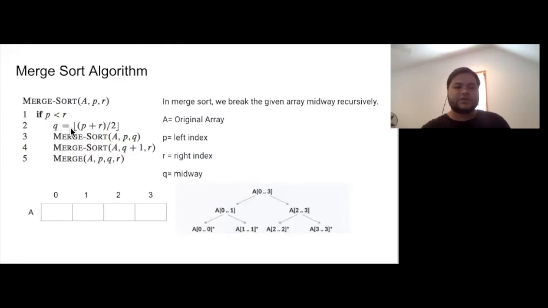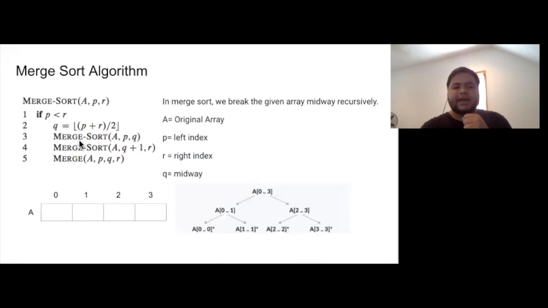So we used the floor function here. You will see why. After getting the midway, we call the merge sort function recursively, and one of them is with the original array, the left index, and the middle index.